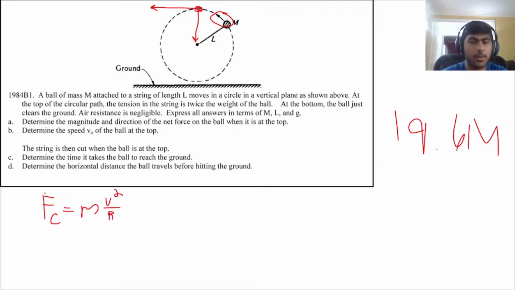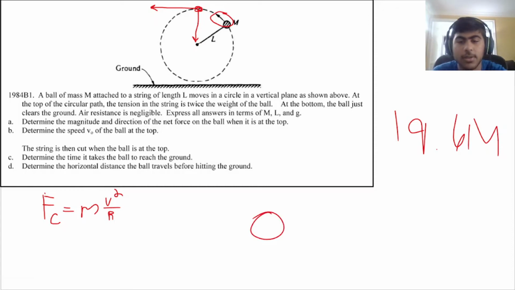So what does that mean? There's 19.6 m pointed one way and 9.8 m pointed down. What does that give us as our net force? Let's draw a free body diagram.